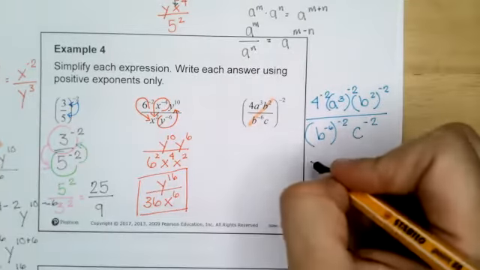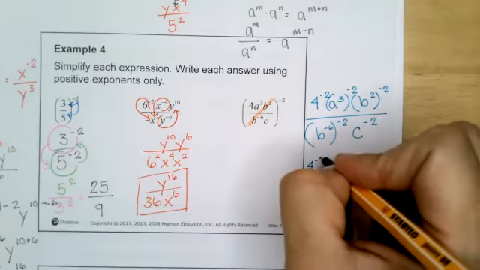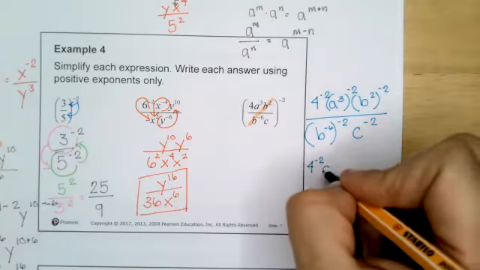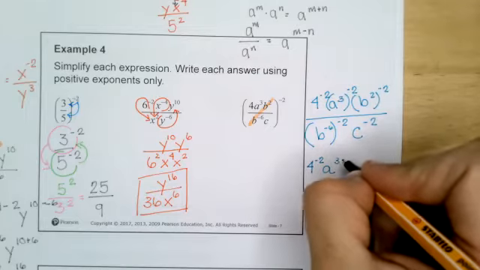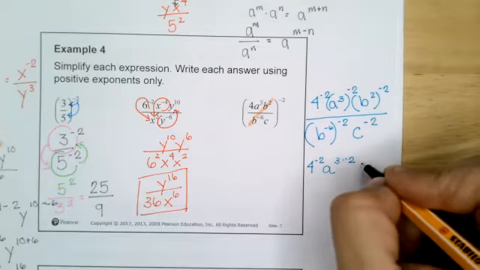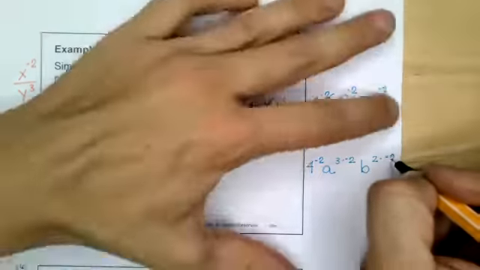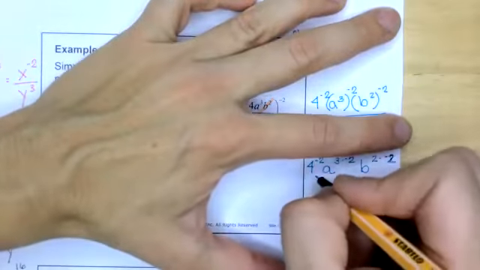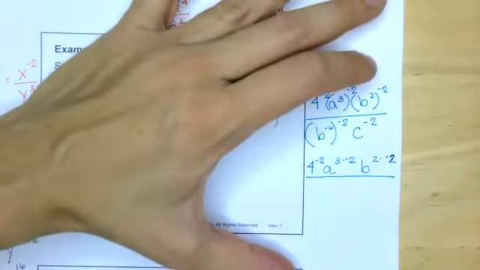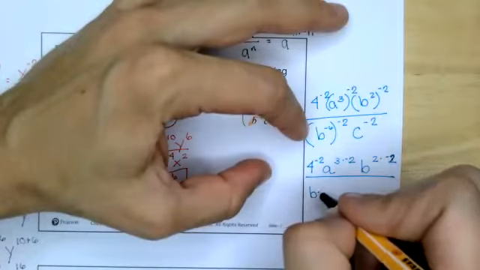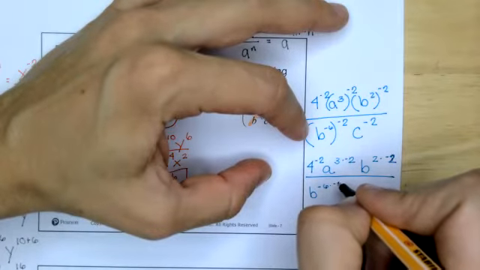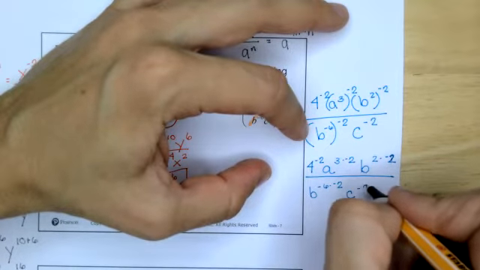Okay. Now, before I do any moving, I want to simplify a power raised to a power. So that's the first thing I'm going to do. 4 to the power of negative 2, a to the power of 3 times negative 2, right? And then b to the power of 2 times negative 2. Okay. Thought that was all one page, but it's 2 pages. Ran out of room. And then b to the power of negative 6 times negative 2, and c to the power of negative 2.